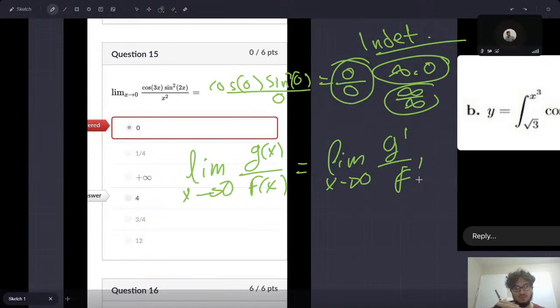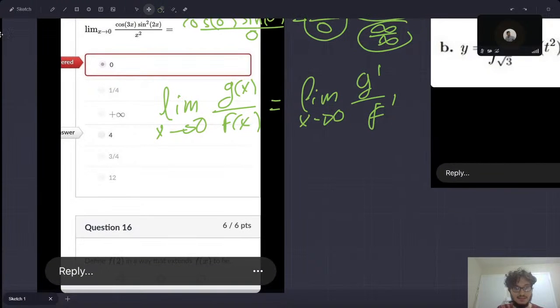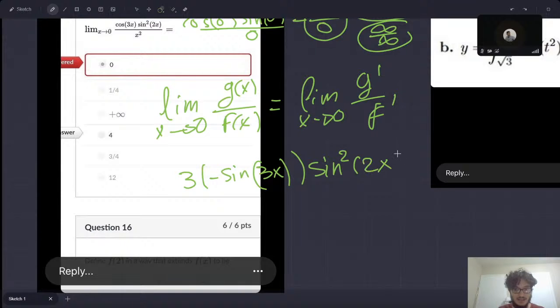You do the double chain rule for the sine and one chain rule for the cosine, the product rule for both, and then just the power rule once for the bottom part, and you get the answer. So if we do it really quickly, it's going to be 3, the derivative of the inside, times the outside, so the derivative of cosine is negative sine 3x, and then times the second function, sine squared 2x, plus, okay.